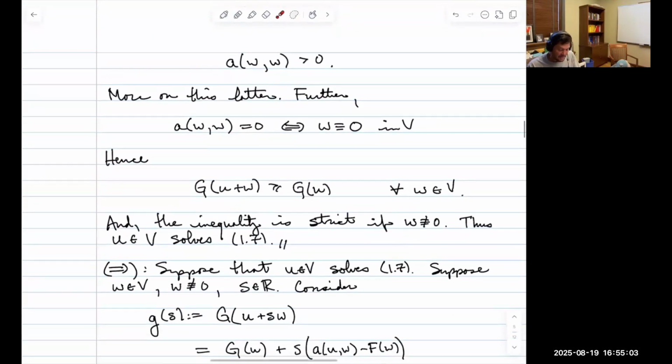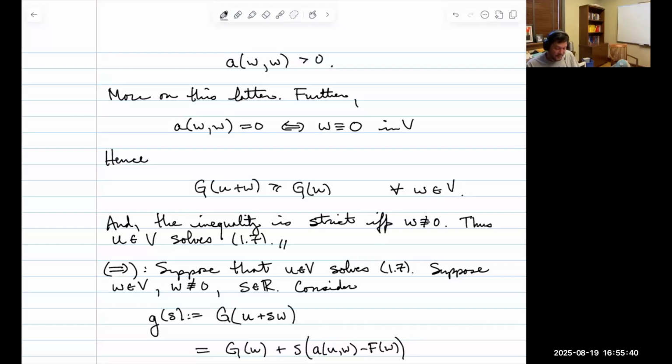So we can clearly show that G(U+W) is greater than or equal to G(U) for all W, and the inequality is strict if W is not equal to 0. Actually, I can say if and only if W is not equal to 0.